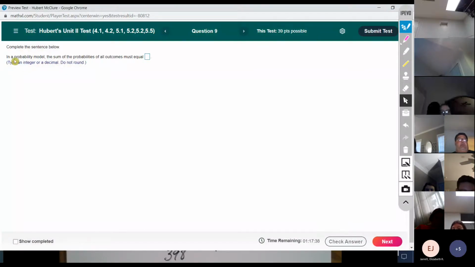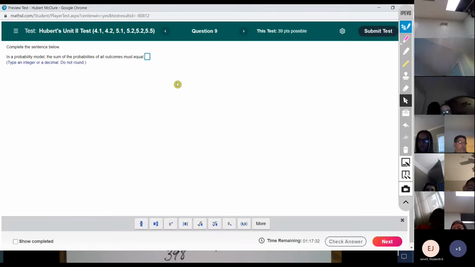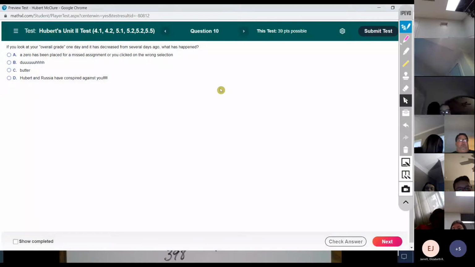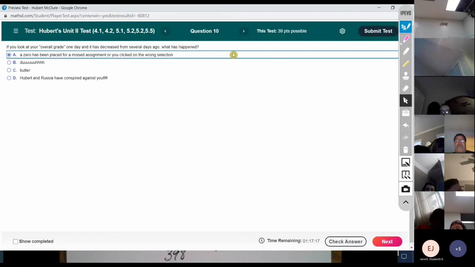In a probability model, the sum of the probabilities of all outcomes must equal what number? 1. If you look at your overall grade one day and it is decreased, that's because a 0 has been placed in a missing assignment.